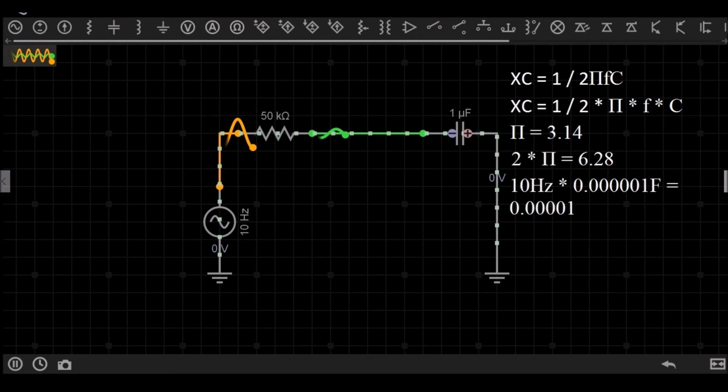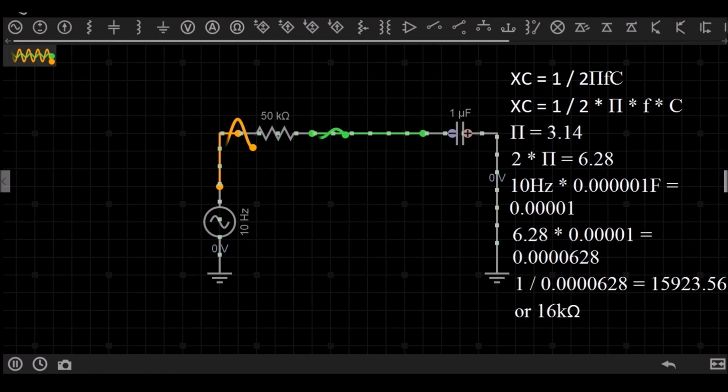Frequency is 10 Hz and the capacitor is 1 microfarad. 10 Hz multiplied by 0.000001 farad equals 0.00001. 6.28 times 0.00001 equals 0.0000628. 1 divided by 0.0000628 equals 15923.56 or 16 kilo ohms. Capacitor reactance is 16 kilo ohms.